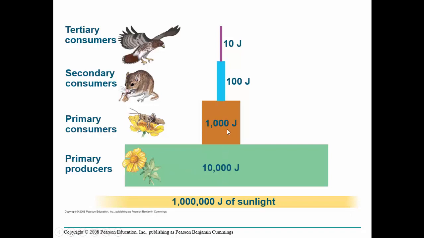And then the 10,000 will be transferred from the plant to the grasshopper through the feeding mechanism. And then at the next step, the energy becomes smaller and smaller. So what happens is that with feeding, every individual tries to get food and also tries to get energy. So the top predators in this case actually get the lowest energy from the sun.